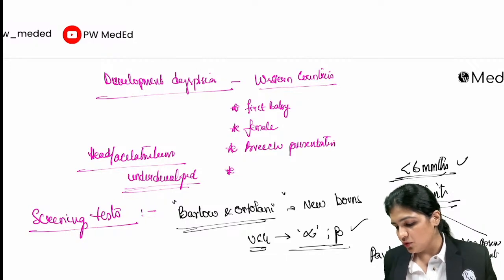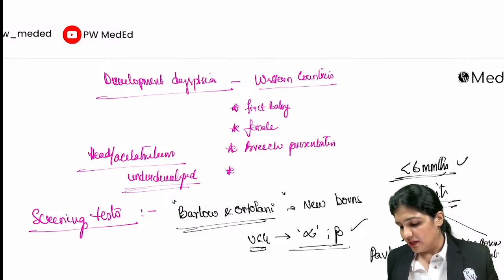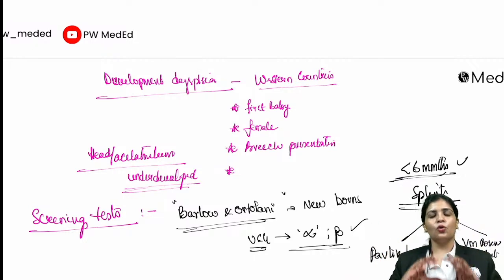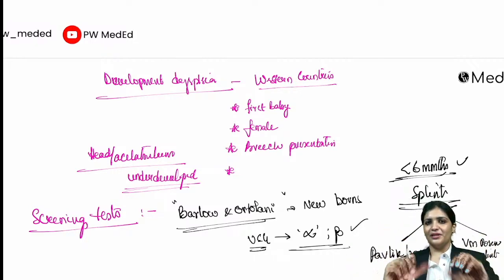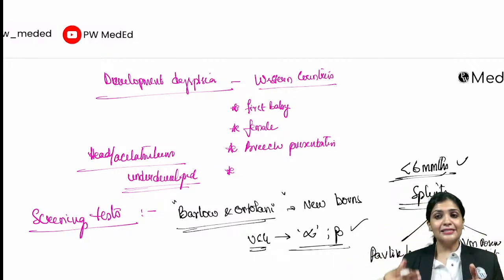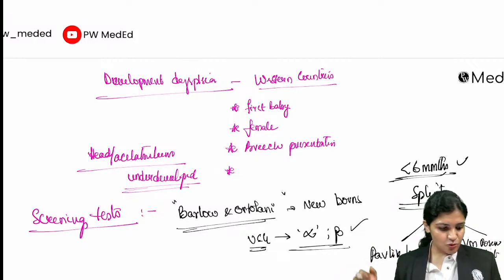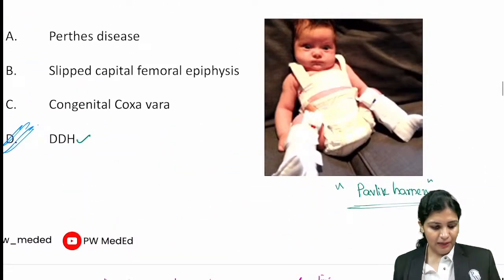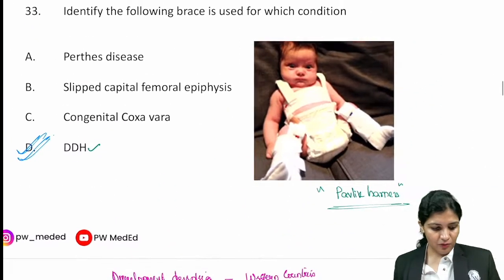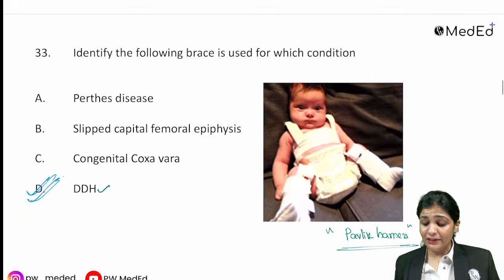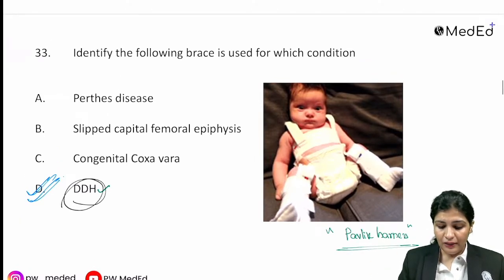And then there is also hip spica for children more than 1 year up to 3 years, where you can do the open reduction or the closed reduction, and then you put on this hip spica. But if it's less than 6 months, you can go for splinting. So here this is the Pavlik harness used for DDH.